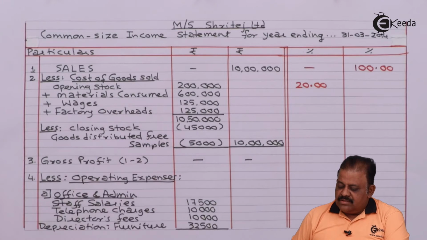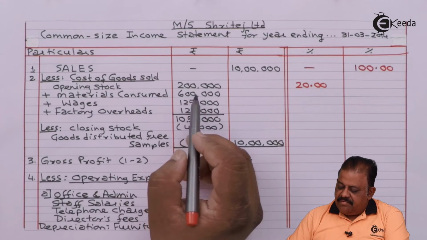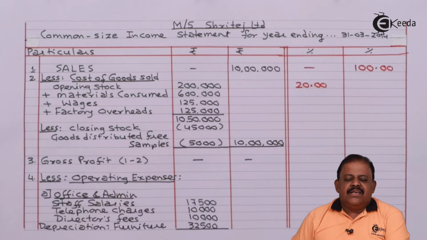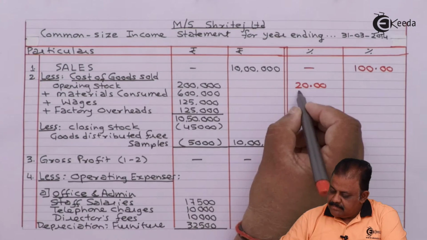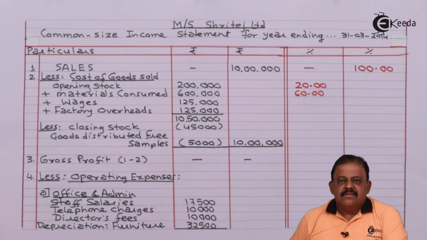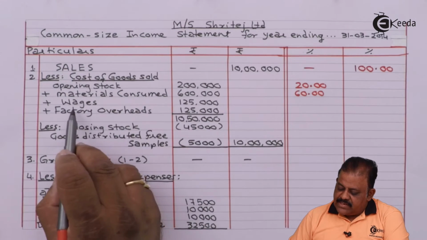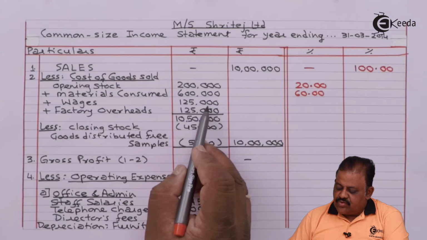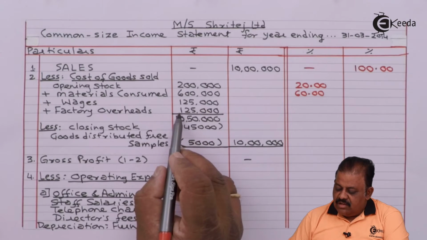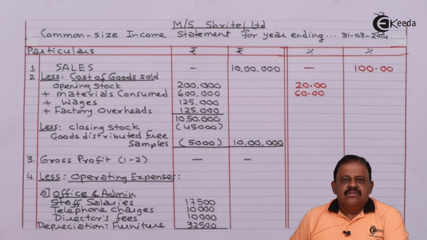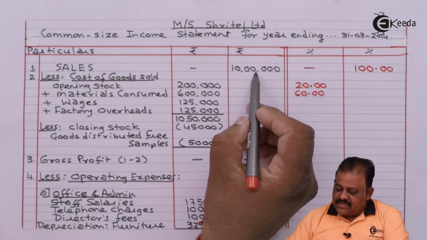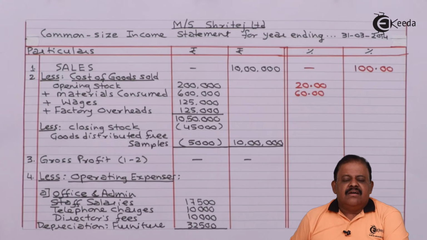Material consumed 6 lakhs. Again it is 6 lakhs divided by 10 lakhs multiplied by 100. 60%. Next, wages 1,25,000. Factory overheads also 1,25,000 divided by 10 lakhs multiplied by 100.